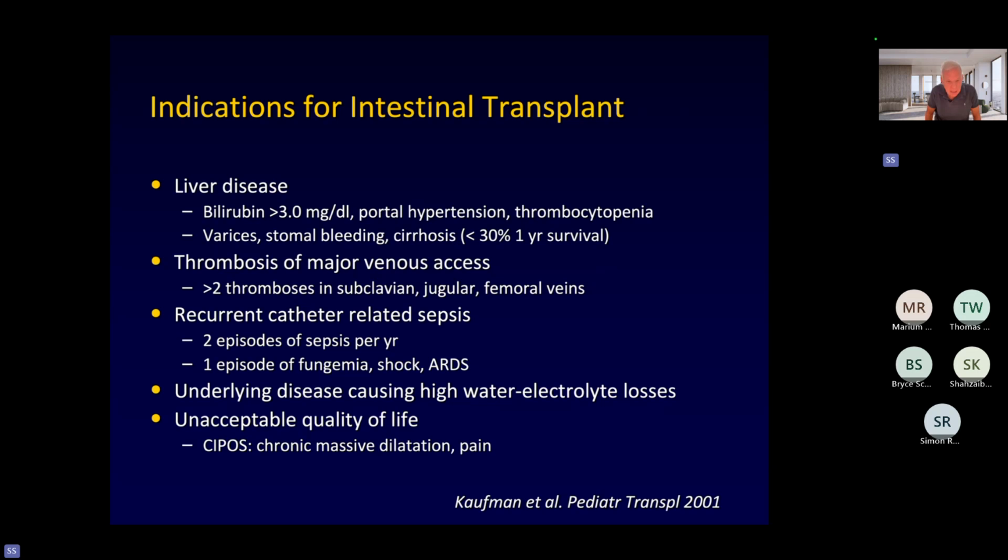Problems with recurrent catheter-related sepsis, underlying disease causing high water and electrolyte losses, and unacceptable quality of life. With the development of teduglutide, certainly this has been limited, and with the development of our knowledge of how to prevent TPN-associated liver disease, the problems of liver disease leading to transplantation has been reduced significantly.